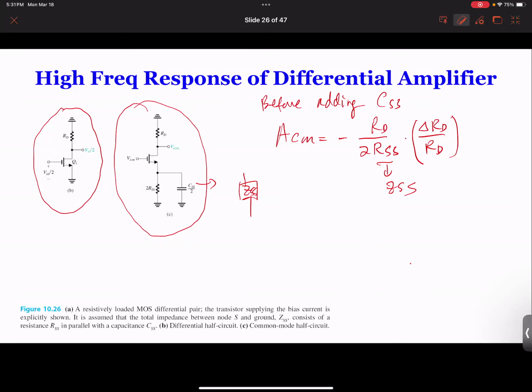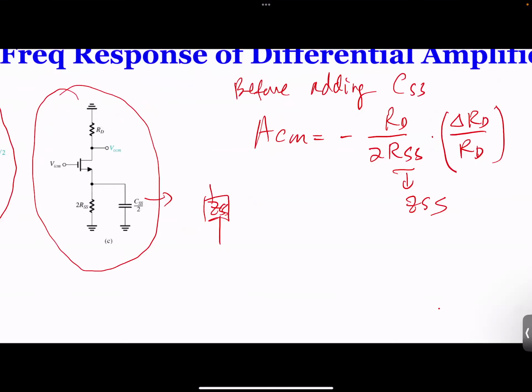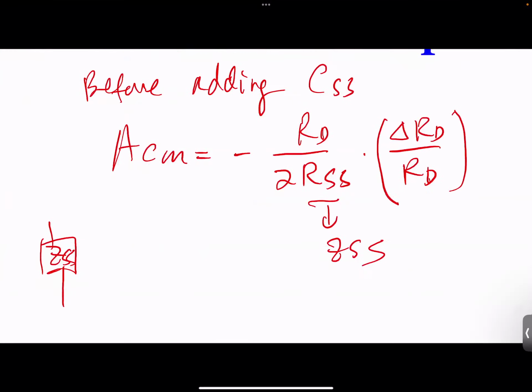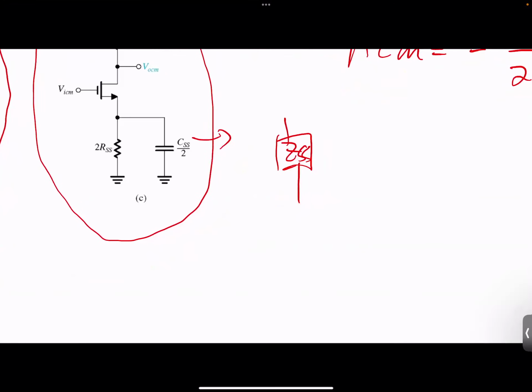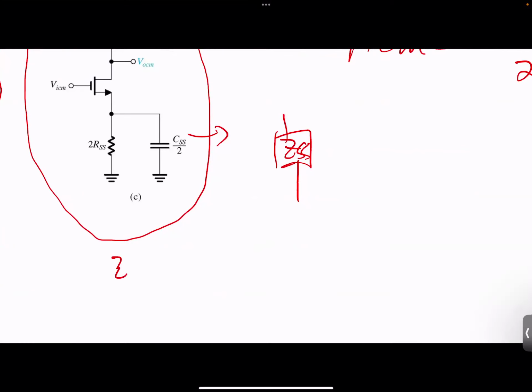Let me rewrite it. ZSS is equal to 2 RSS in parallel with CSS over 2.